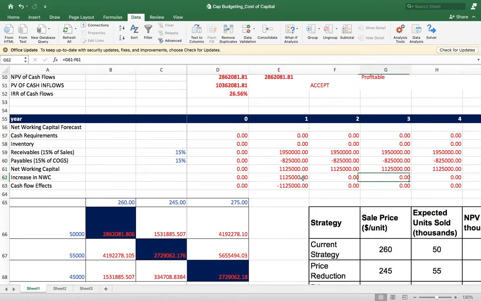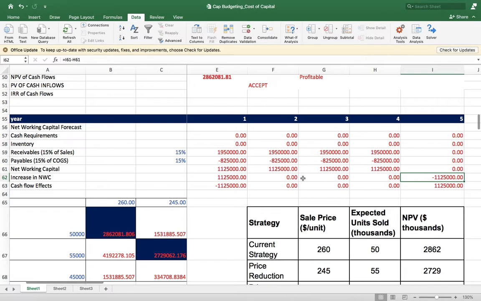In years 2, 3 and 4, it will be 0 because there is no change in net working capital. In year 5, working capital is not required, so 0 minus previous year 1.125 million. Therefore, the change in net working capital is minus 1.125 million.